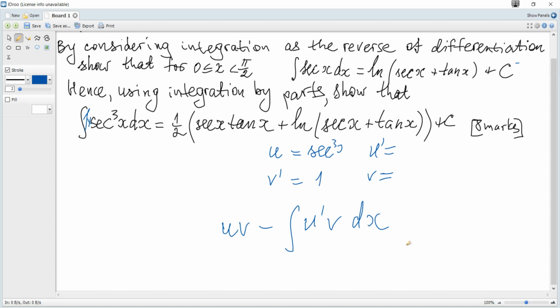If we choose v prime to be equal to secant cubed and u to be equal to 1, we actually get that the integral of secant cubed is equal to the integral of secant cubed.